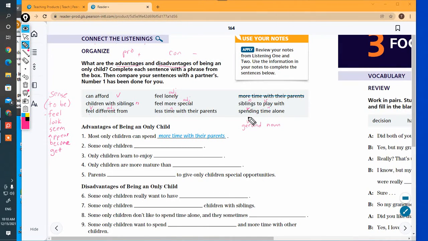Something like running is good exercise, or spending time alone makes you confident. Most only children can spend more. Okay, so what you want to do, students, is pause the video when you're finished with the activity. Start it again, okay?